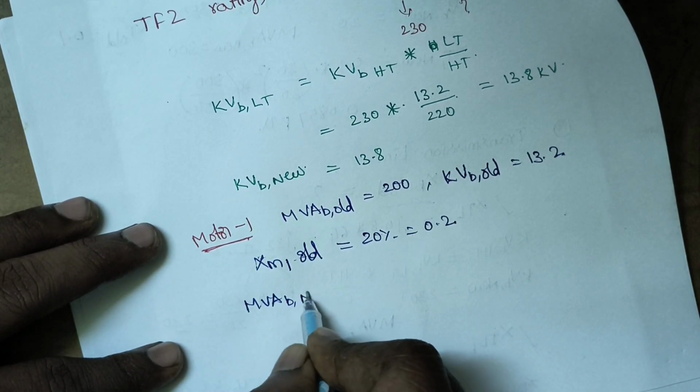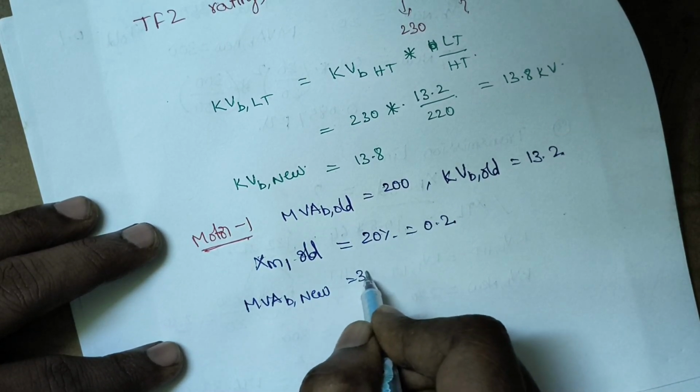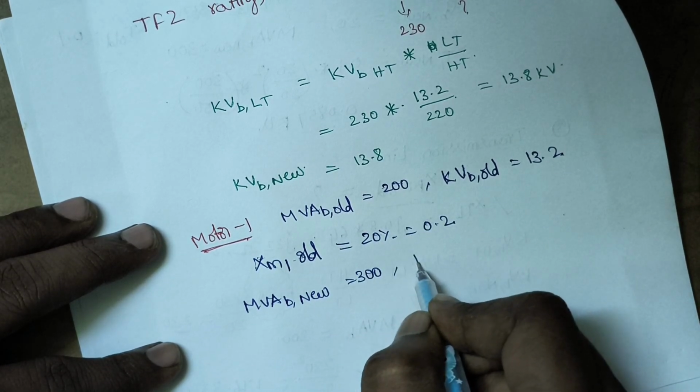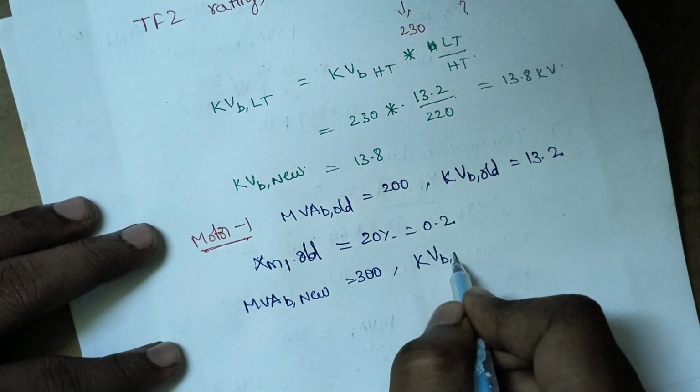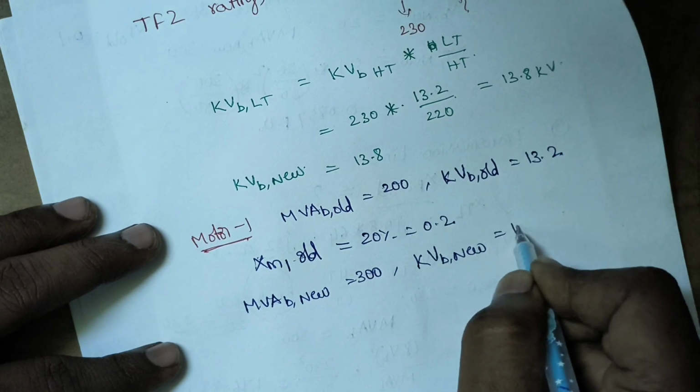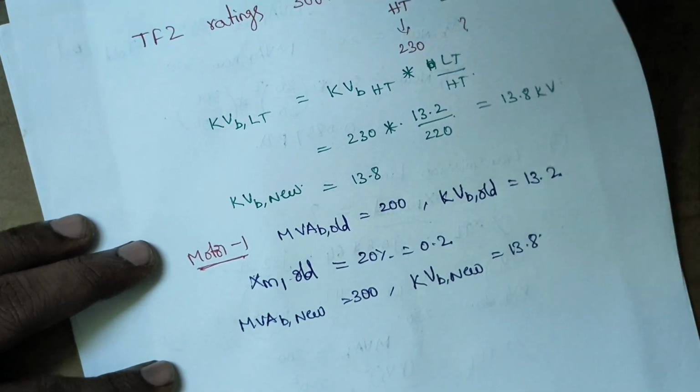MVAB new is equal to 300. This cannot be changed. And KVB new, as I know, is 13.8.